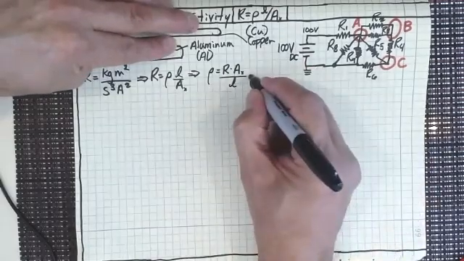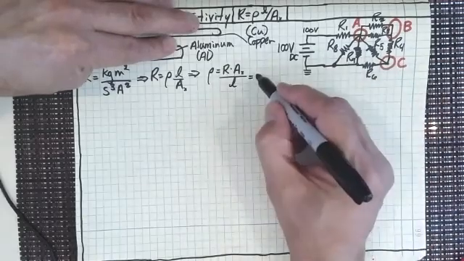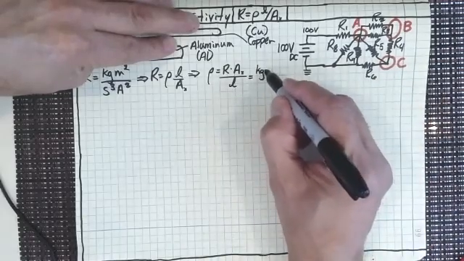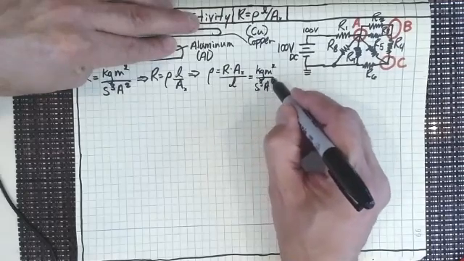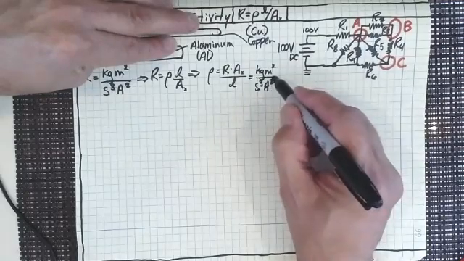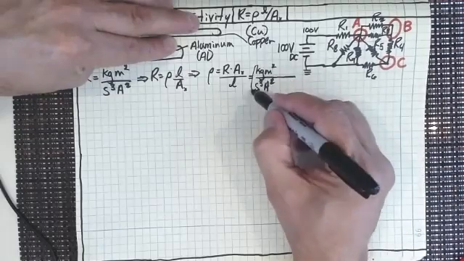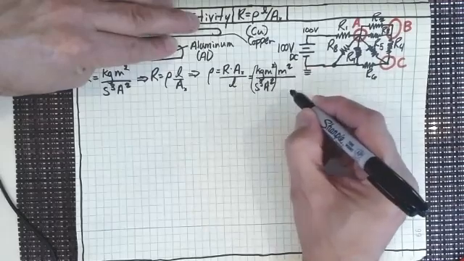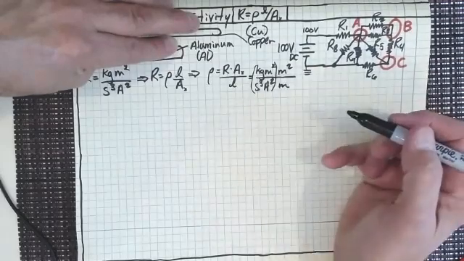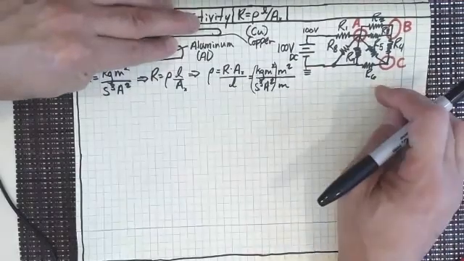All right, well, let's do that. So that would be a kilogram meters squared per seconds cubed amps squared, right? Just put a fraction in there. That's going to be resistance meters squared over meters, right? Does everybody see that?